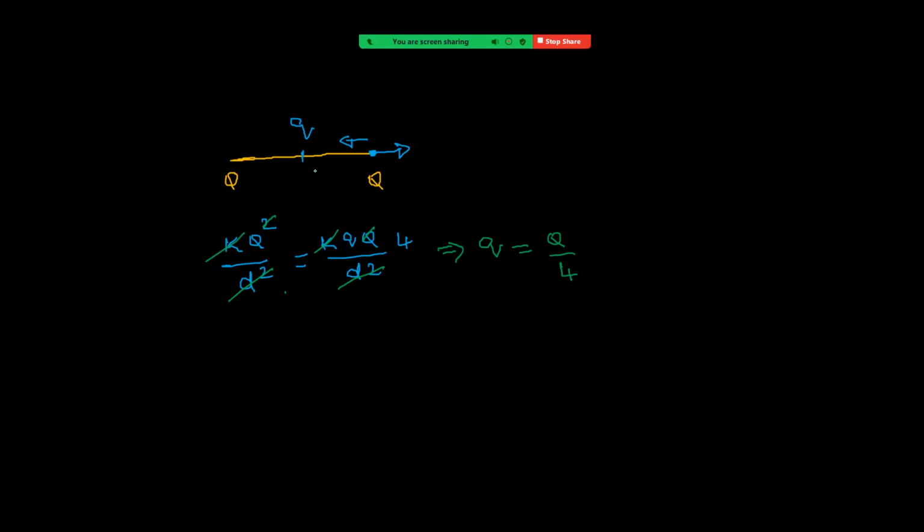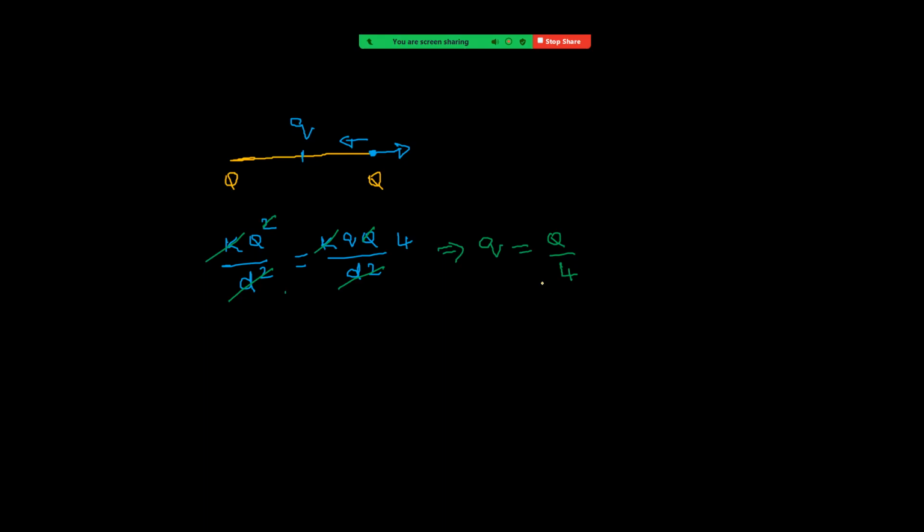And here you can see this charge has to exert a force on this one on the left side. Its meaning is it is attraction, right? That means if capital Q is positive, this must be negative. Therefore, here we have to take a negative sign.